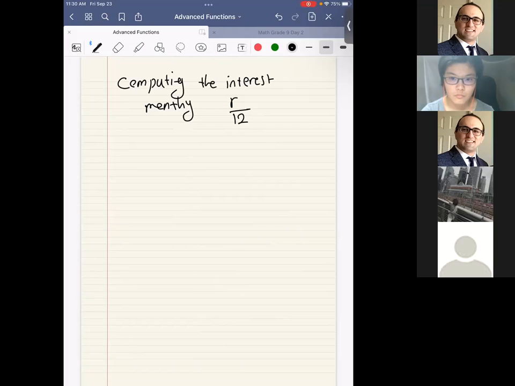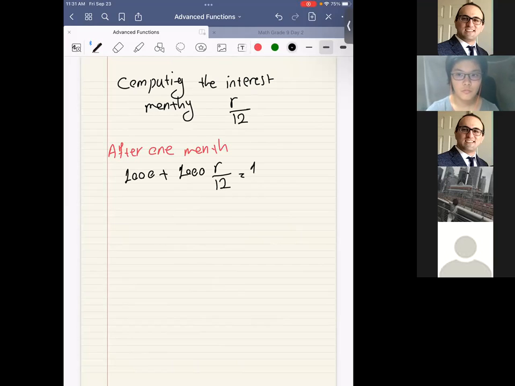So what is the value of your money after 1 month? You have your initial money plus 1,000 times R over 12, right? That is 1 over 12, which is 1 month, which is equal to 1,000 times 1 plus R over 12.